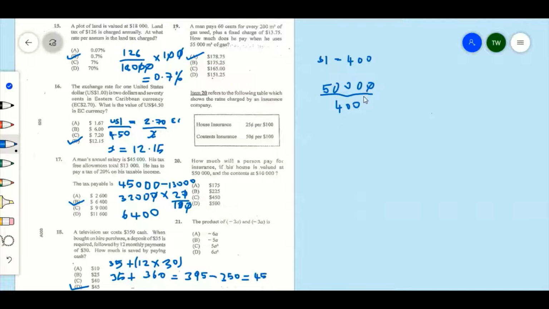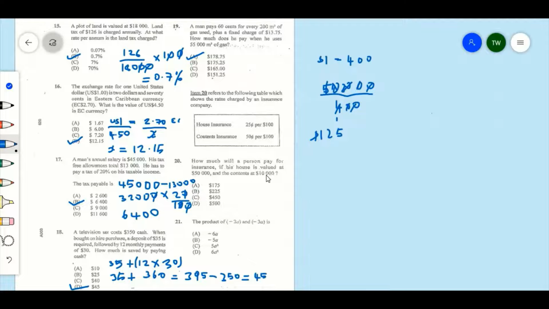So clearly 0 cancels out 0 here, 0 cancels out 0 here. 4 into 4 goes 1, and 4 into 5 goes 1 time, remainder 1. So 4 into 10 goes 2 times, remainder 2, and 4 into 20 goes 5 times. So for the insurance on $50,000, the person will pay $125.